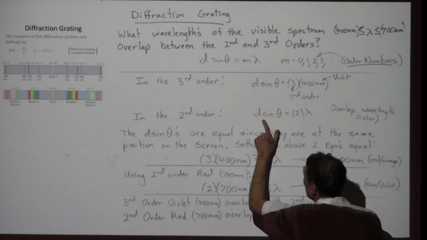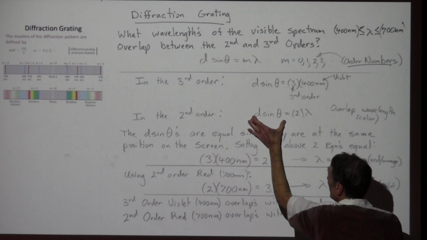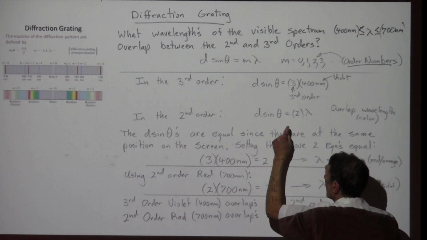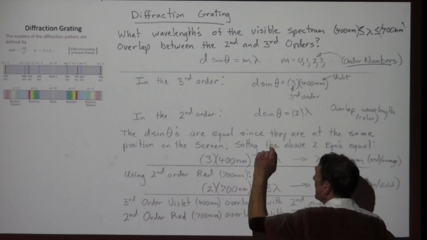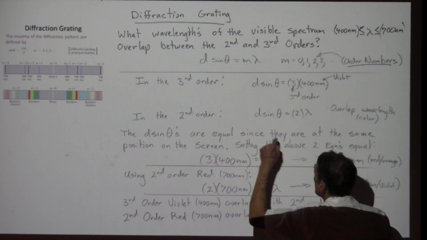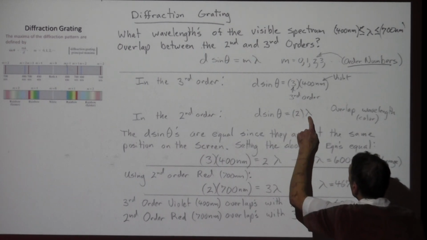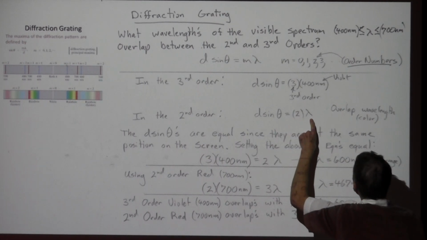So in the second order, this part doesn't change. We're talking about the same point on the screen where they're going to overlap, so their thetas are the same. We're using the same slits, and so that would cancel. And then that for the second order, and we want to find out what this wavelength is.